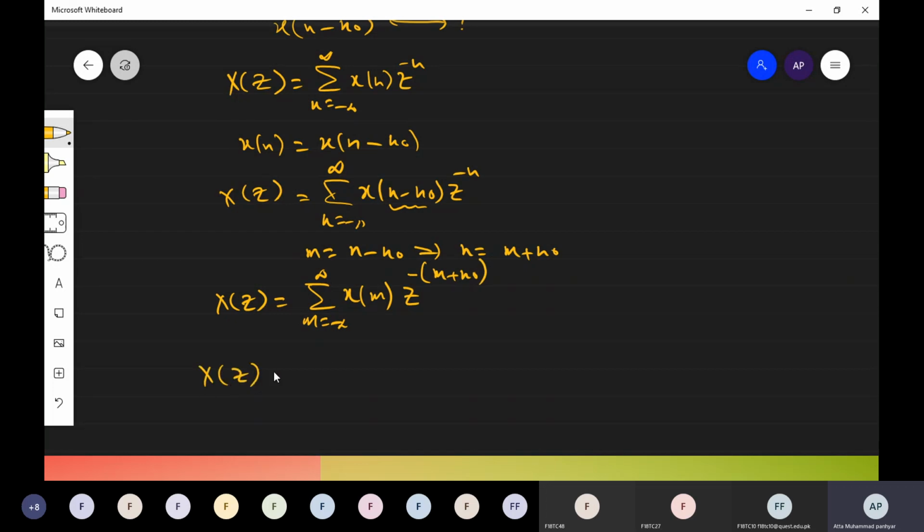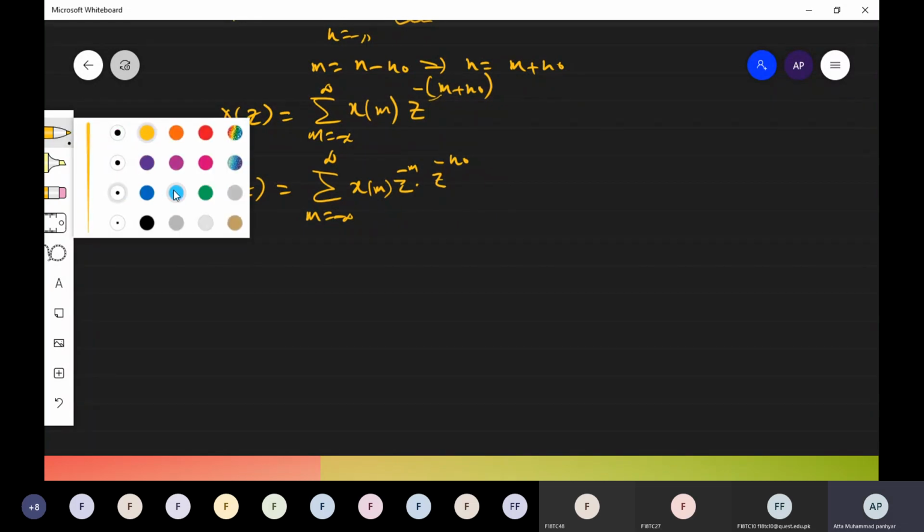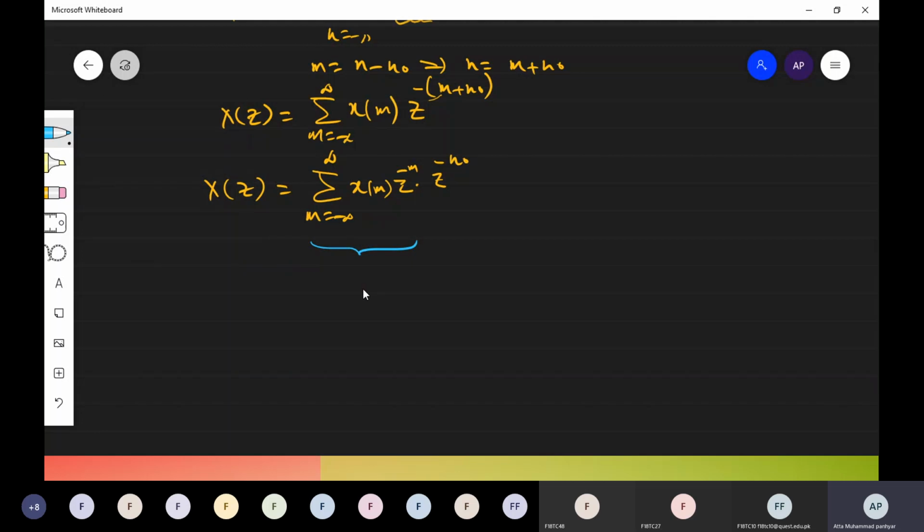Let's solve it further. Then our x of z becomes summation m from minus infinity to infinity x of m z power minus m, times z power minus n naught, because this minus is multiplied to m as well as n naught. Now what is this term? This is x of z, right?